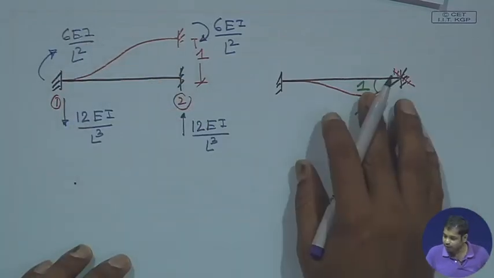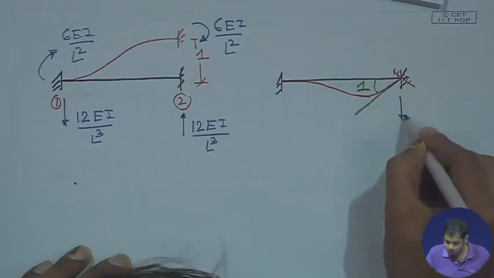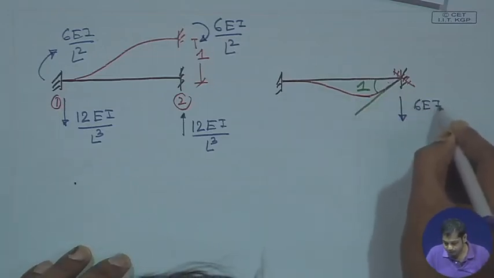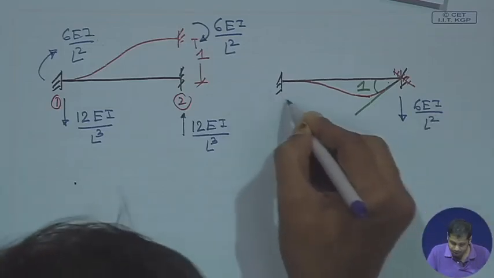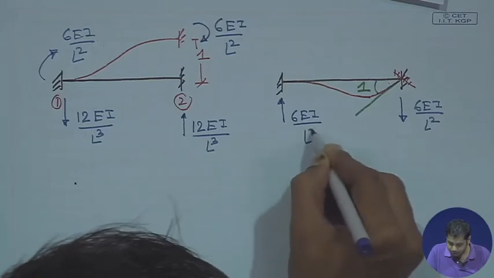Now, similarly we can have a reaction force and moments here. The reaction force will be 6 EI by L square, and then this will be 6 EI by L square.